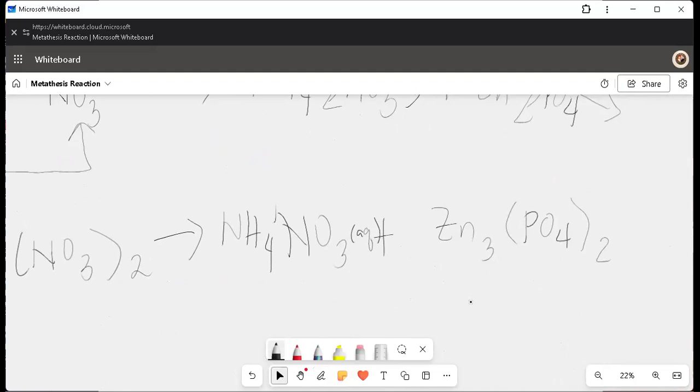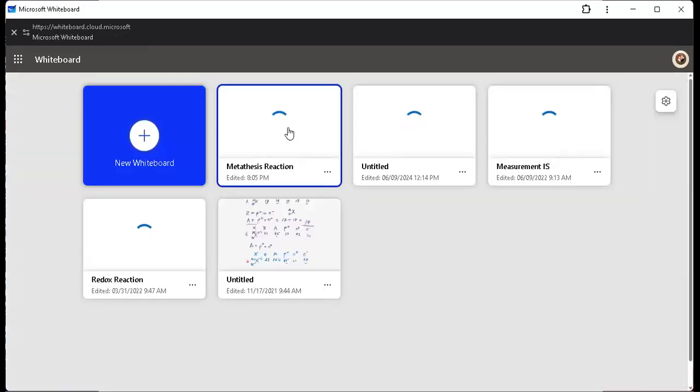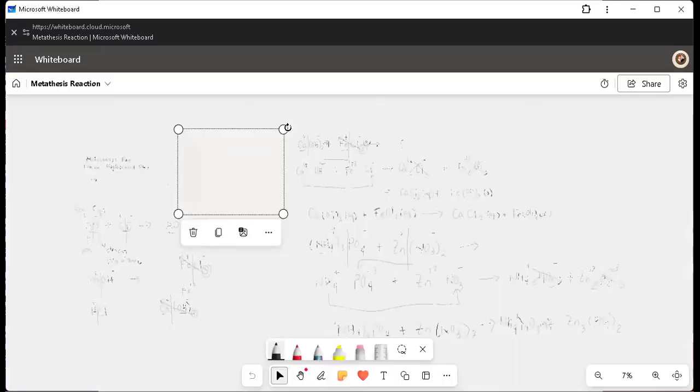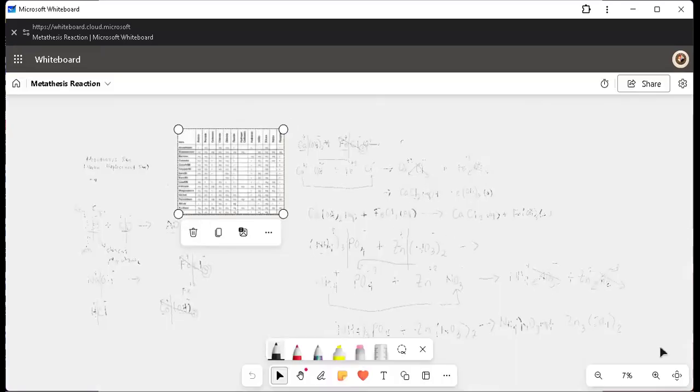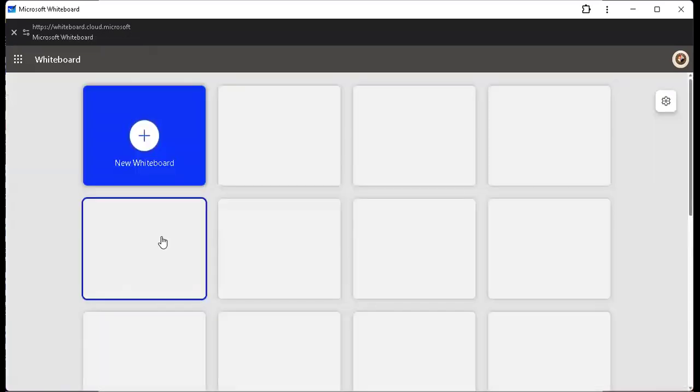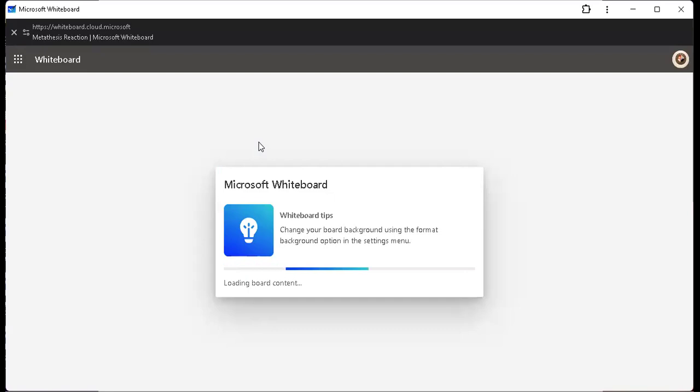Okay. For the other, we have zinc and a phosphate. So, again, check the chart.